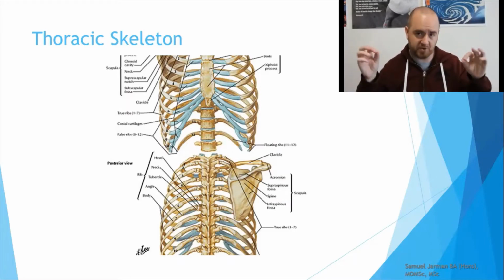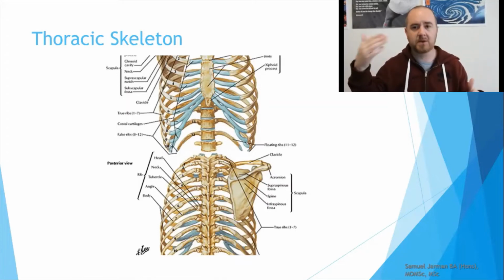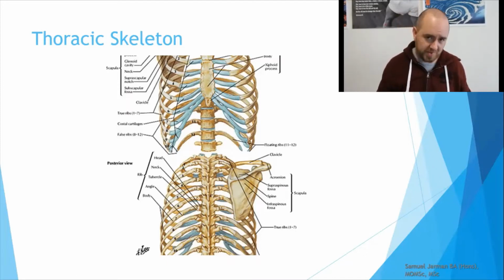So rib 2 will connect to T1 and T2. Rib 3 will connect to T2 and T3, right? That's generally how it goes up until the point that you get to ribs 11 and 12. Rib 11 only attaches to T11, rib 12 only attaches to T12.